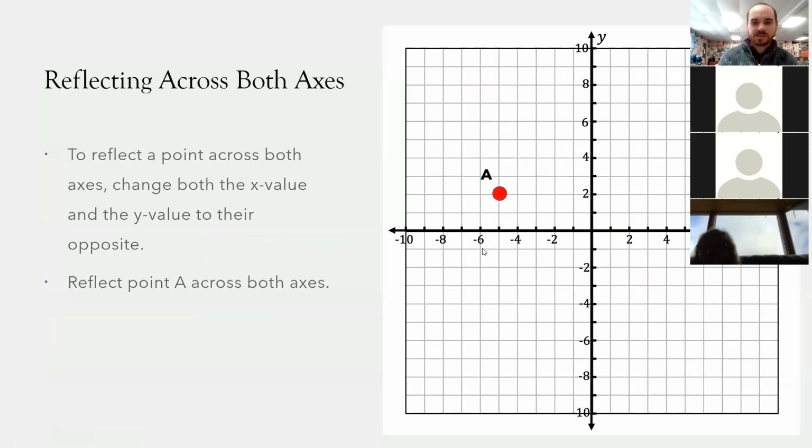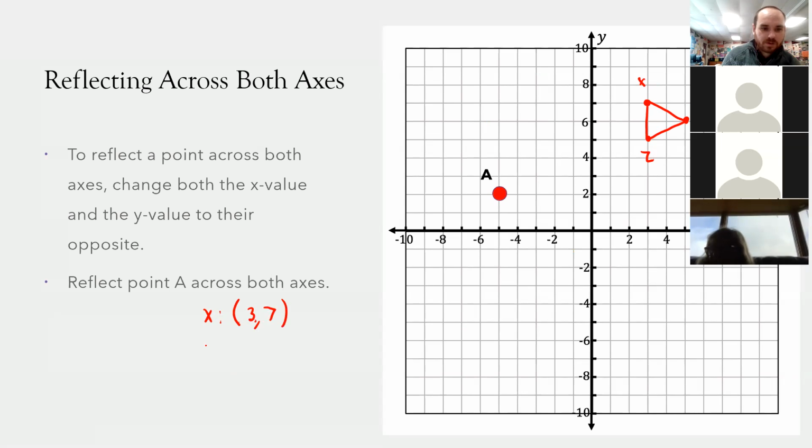So your exit ticket today is to reflect this triangle across the x and the y axis, and we will call this triangle X, Y, and Z. So our X coordinate looks like (3, 7).